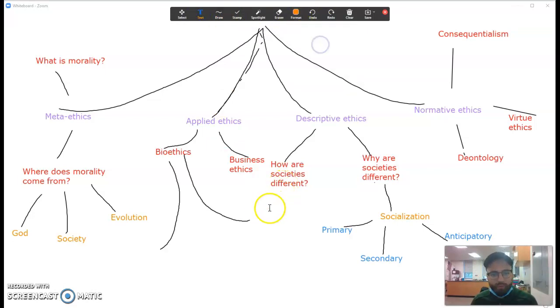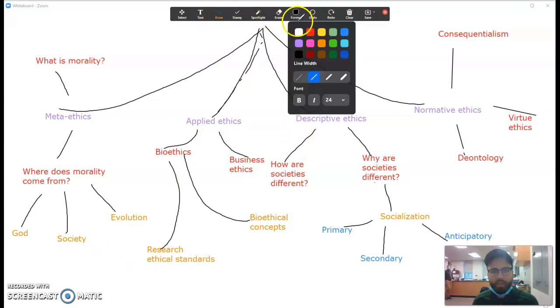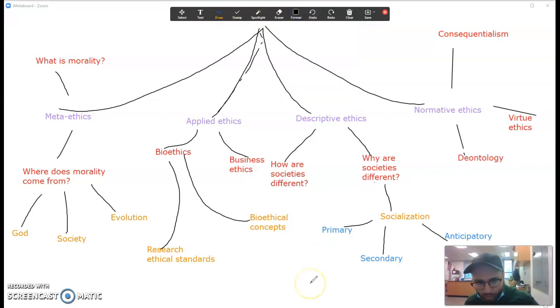The first was bioethical concepts. And the next was research standards or ethical standards. Okay. So when we looked at bioethical concepts, we looked at 4 of them. And research ethics standards, we looked at 3.